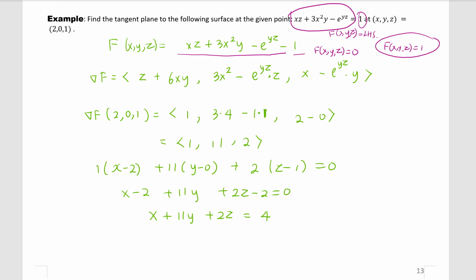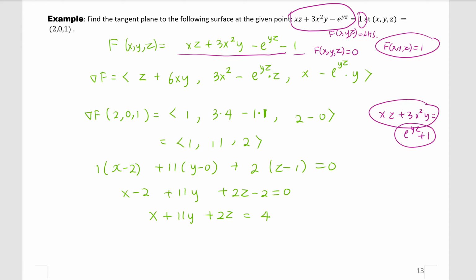And this in general is better because, for example, if you have xz plus 3x squared y equals e to the yz plus 1, then you cannot just let f be your left hand side, because that is not equal to a constant. We want to define our f such that f equals a constant is a level surface that corresponds to that surface.